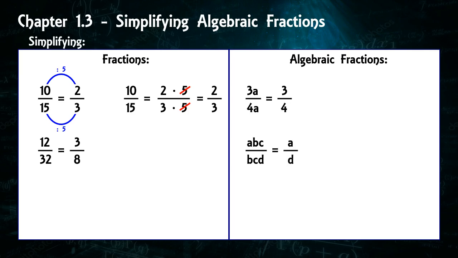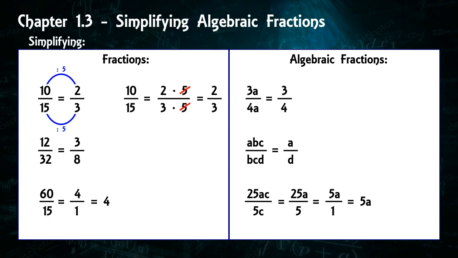And the fraction 25ac over 5c can even be simplified into 5a. That's because both c's can be erased, and I can also divide both sides by 5. I then have the fraction 5a over 1, which is equal to 5a. That's the basis for simplifying fractions with letters.